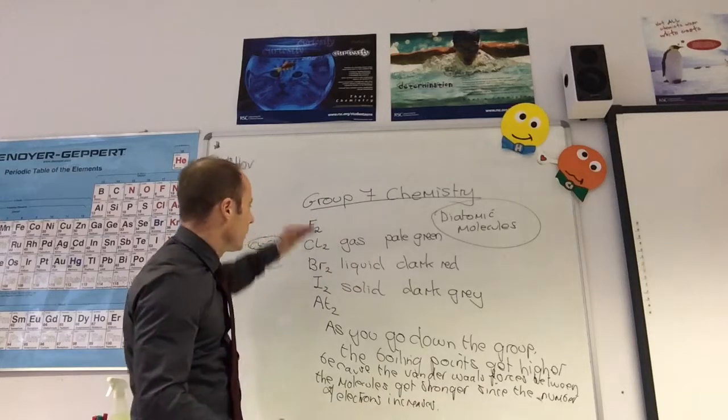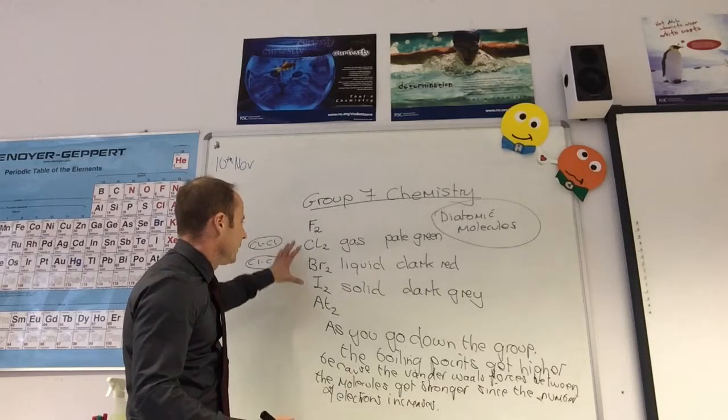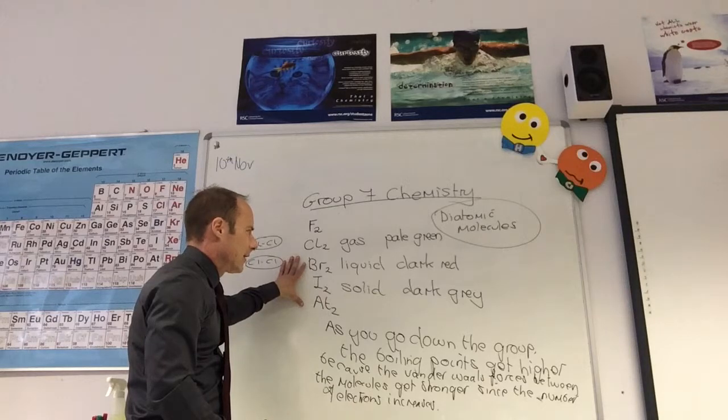So as I go down the group, the number of electrons increases, and therefore my boiling point gets higher.